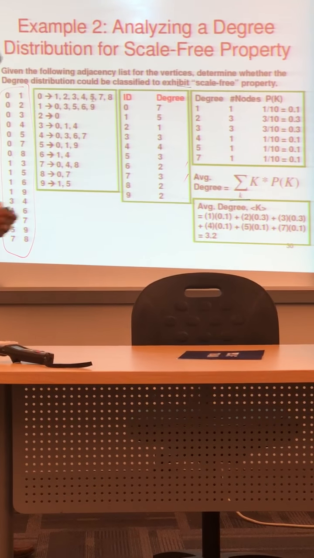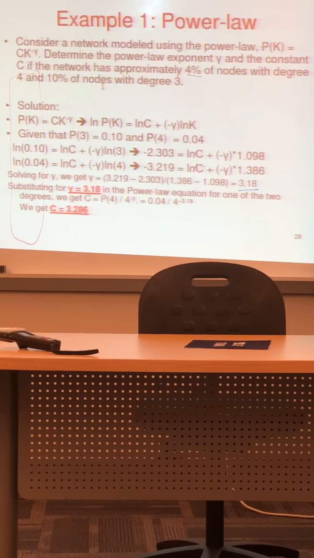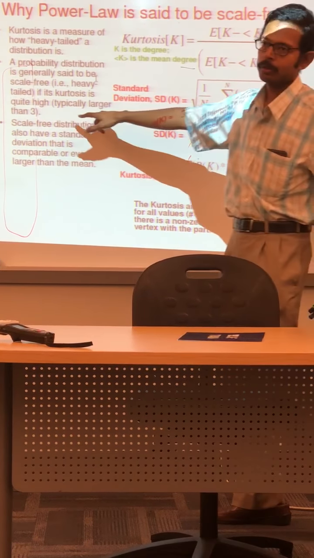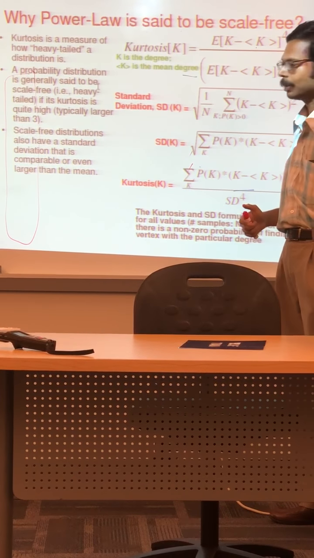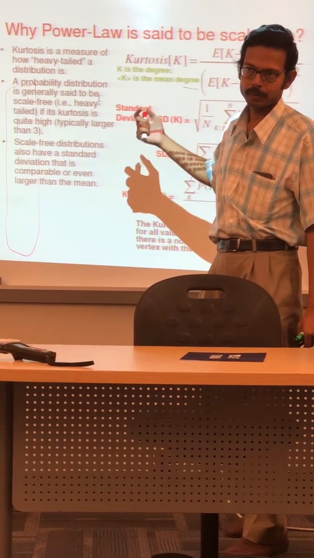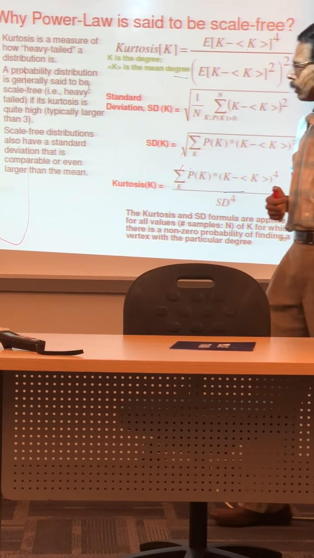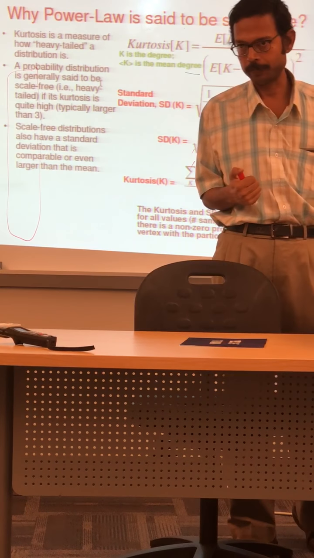Last time I said the kurtosis of scale-free networks is typically about 3. So if the kurtosis of a degree distribution is above 3, we say that network will exhibit scale-free property. So our target here is to find the kurtosis of the degree distribution.